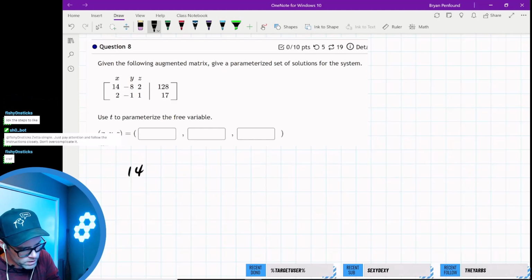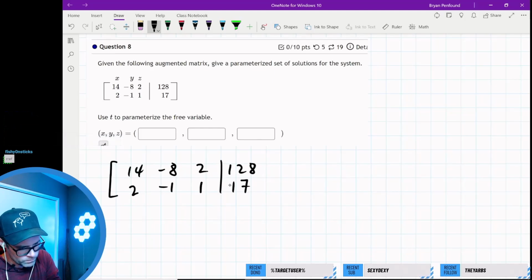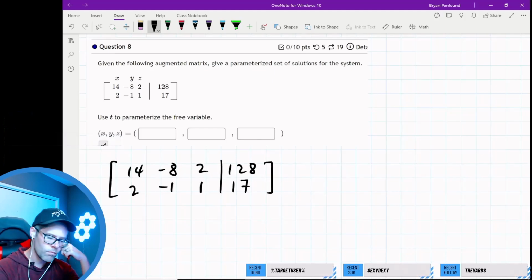Let's just take a look at what we have here. So 14, -8, 2, -1, 1, and 17. I could divide row 1 by 2, but that's not going to really help.